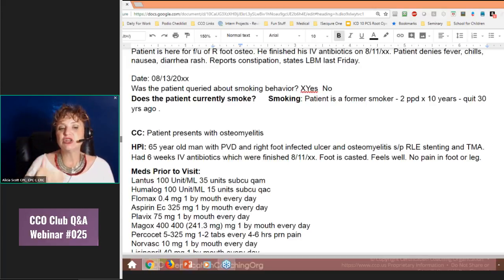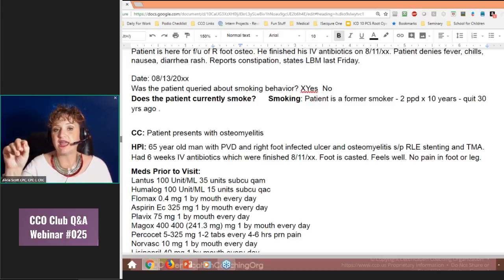Now let's look at the medications, because one of the things that's very important to know is that we have to have a line showing that these diagnoses that we are going to collect an HCC on are current chronic conditions, right? So we have to be able to draw a line. Plus the med list is going to give us valuable information as to whether there are any other chronic conditions that we should have a red flag on, because this patient could have been coming in for an upper respiratory infection.